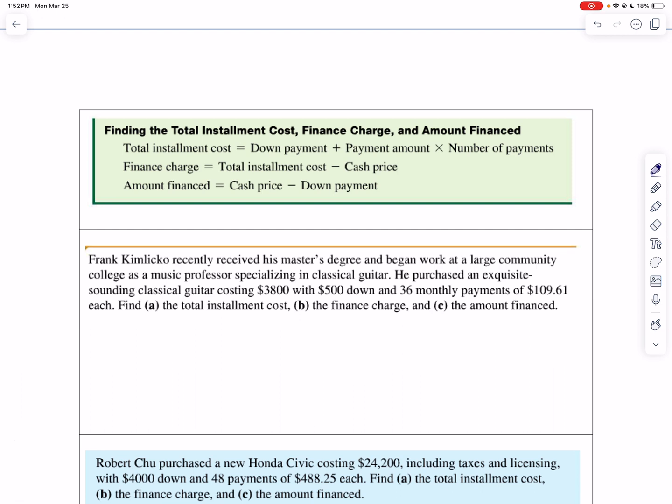Okay? So we've got Frank. He purchased an exquisite sounding classical guitar, which cost $3,800. He has a down payment, so he's putting $500 down, and then he's making 36 monthly payments of $109.61.